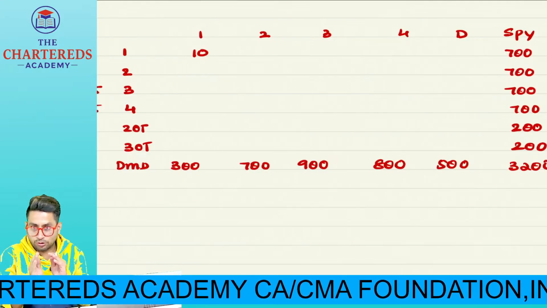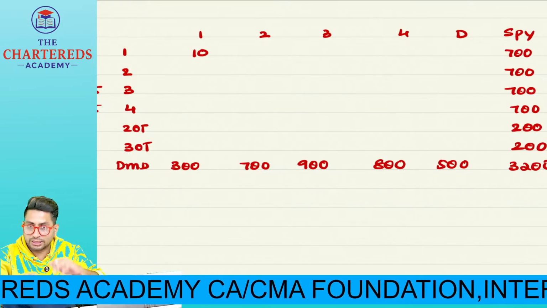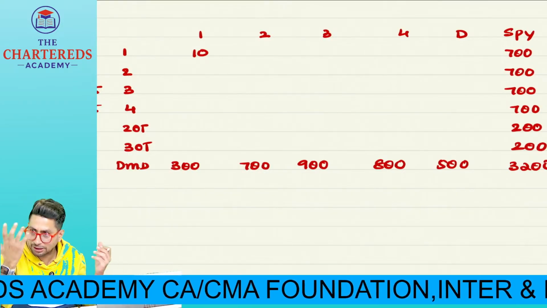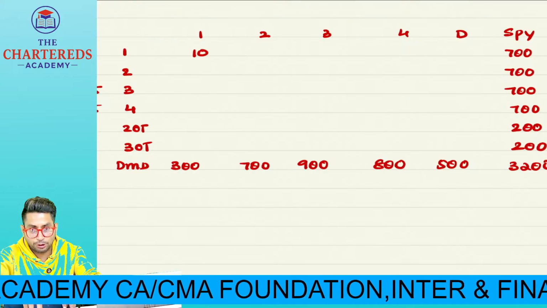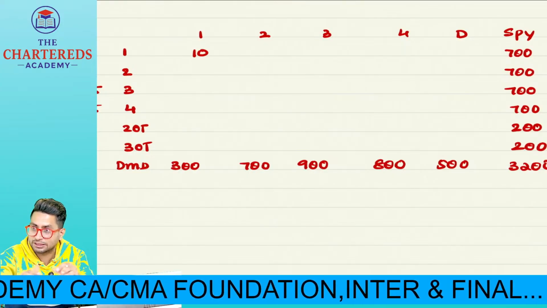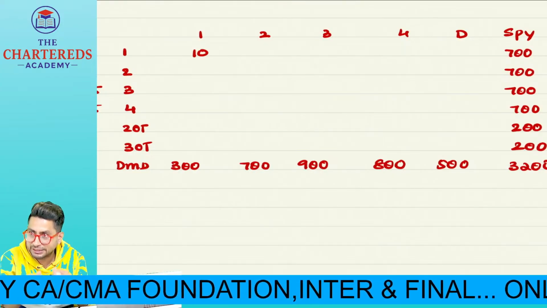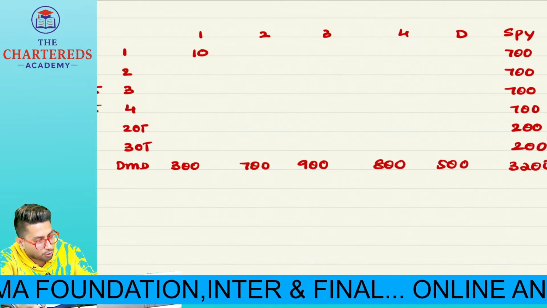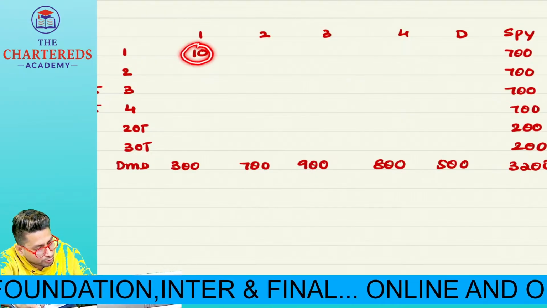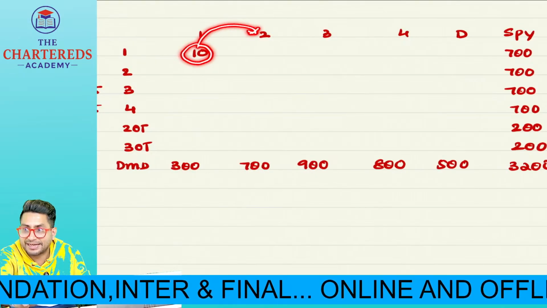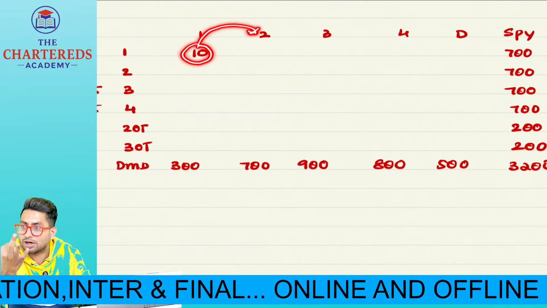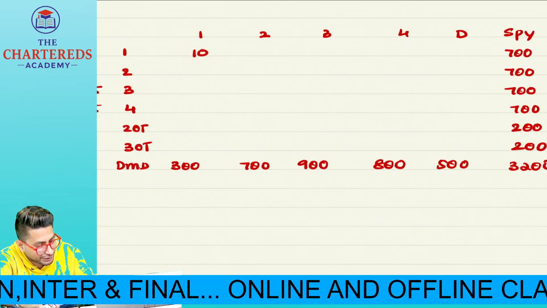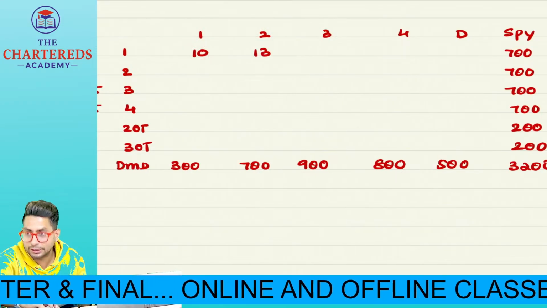General common sense: if I produce in this week, do you think everything will be sold this week, or will I normally carry forward to next week? Closing stock, opening stock will be there. Now, if I carry this production to the second week, I need to incur an additional cost of 3 rupees. So now 10 rupees will become 13 rupees.